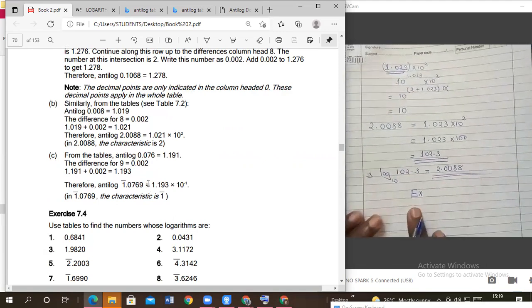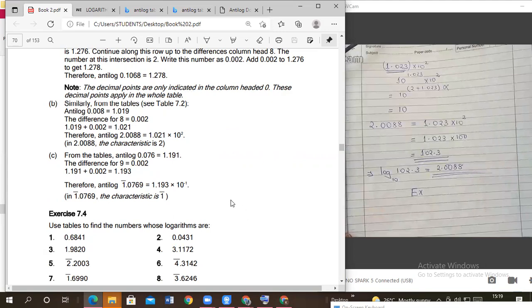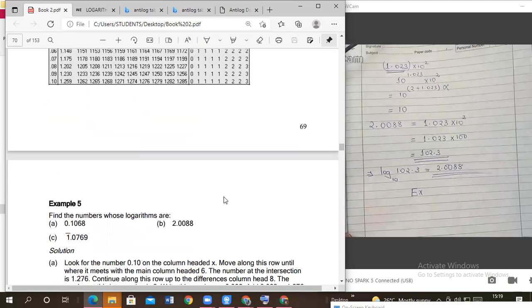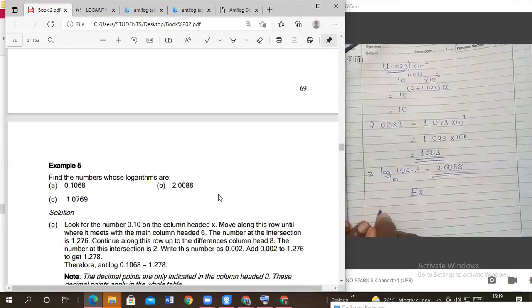Read for me this from your table. We have 1 bar point 0.769. This is the log.